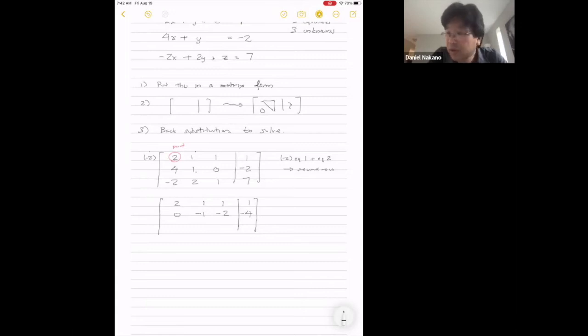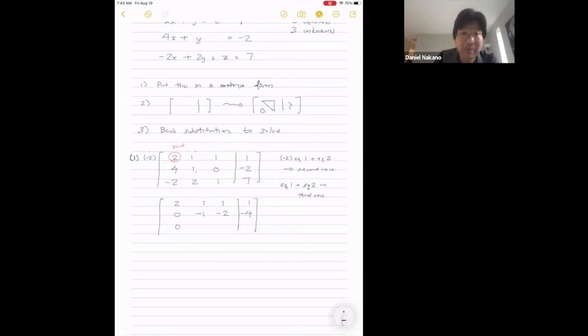All right, so now I want to knock out the minus 2 also. So I'm going to multiply times 1. I'm going to take equation 1 plus equation 3, and put it in the third row. So I'm just going to add equations 1 and 3 and put it in the third row. So I get 0 here.